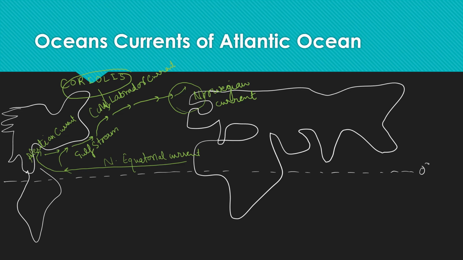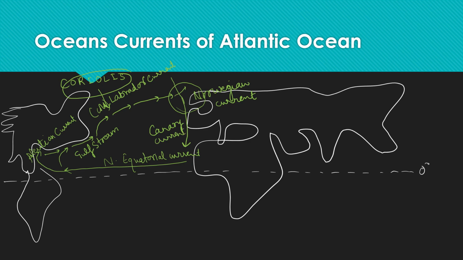That is why these currents were warmer, but the Labrador current is cold. Now this would be drifted downwards. As it comes downwards, this would be a colder current because it is coming from the poles. If the water is coming from the poles, it is a colder current, and this current is known as the Canary current.